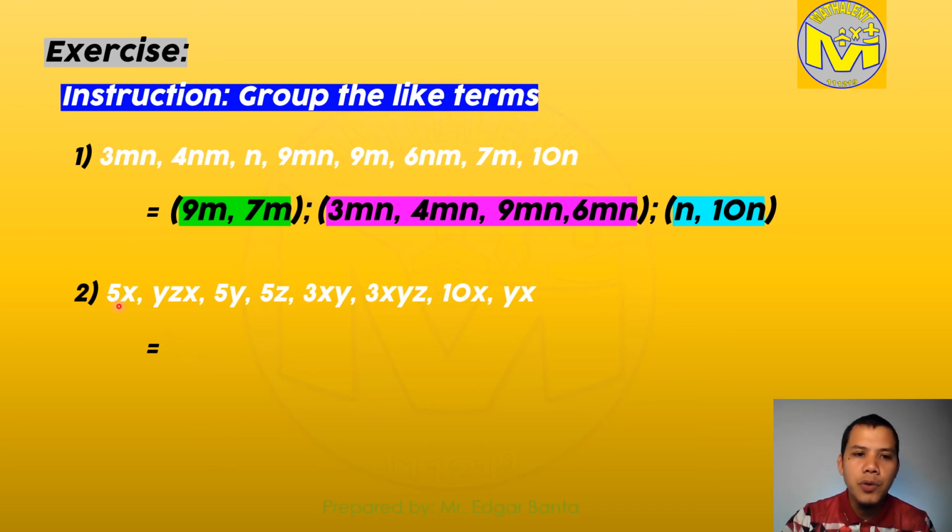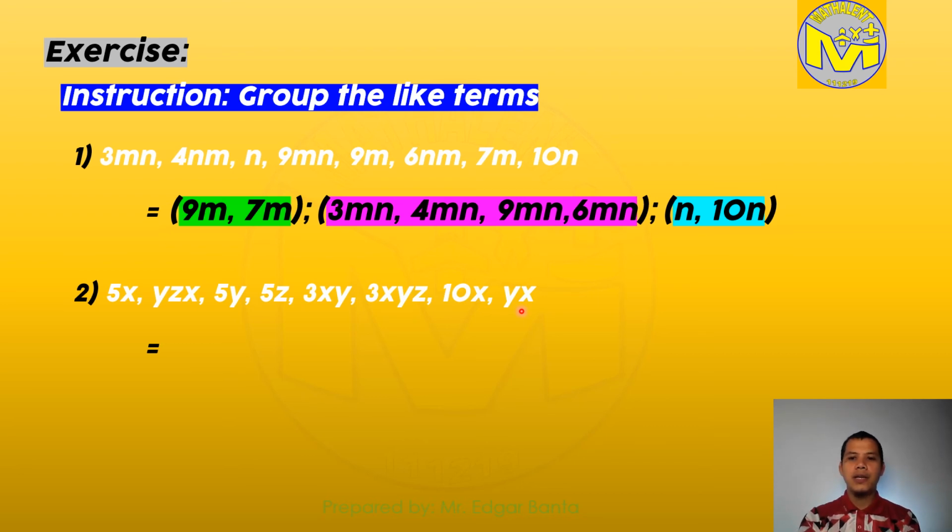So first group is the group of x. 5x, what else? 10x. Okay, 2. Any more? No more. So we have just 2 x's. So write down here 5x, comma, and 10x, then bracket. Next group. Which group is next?